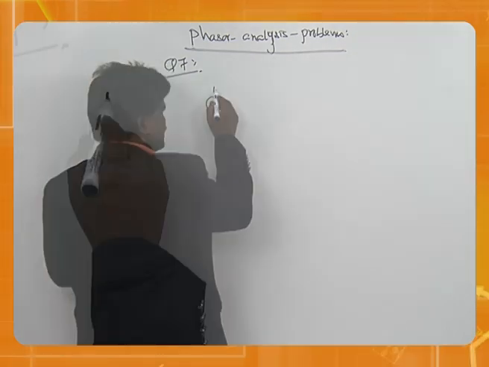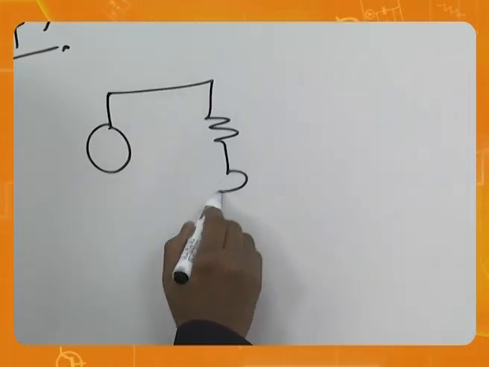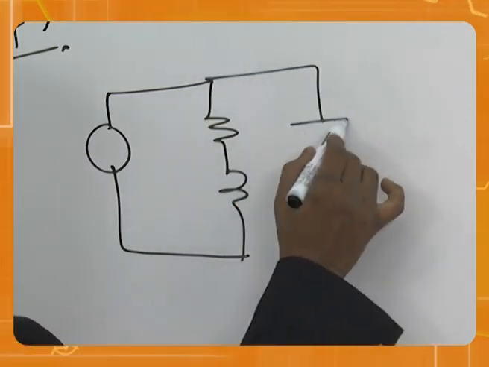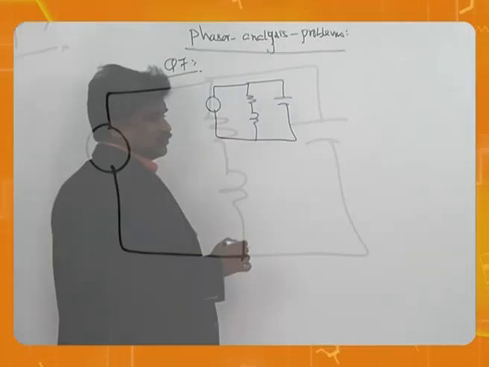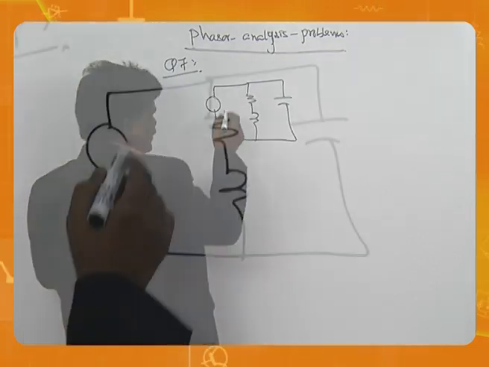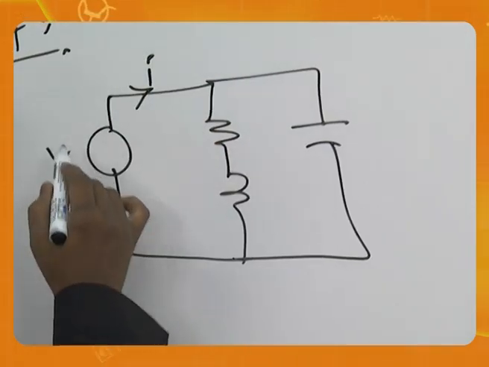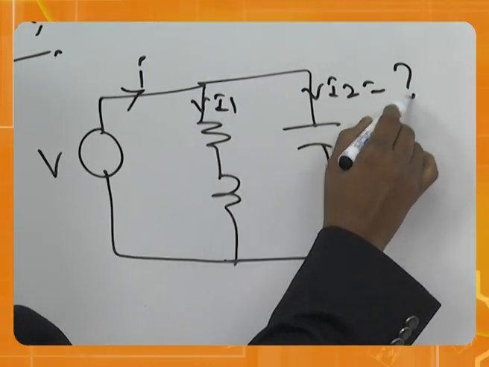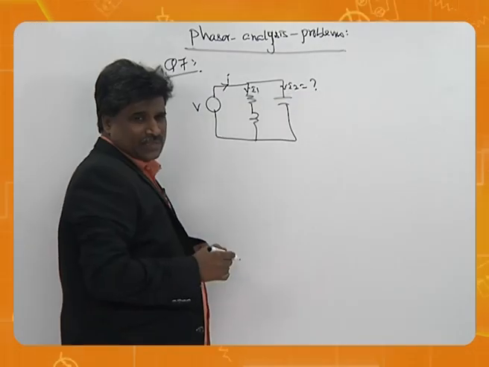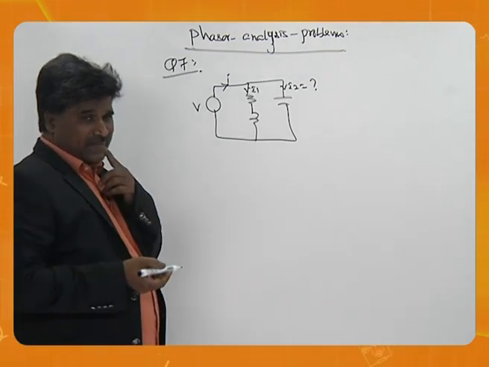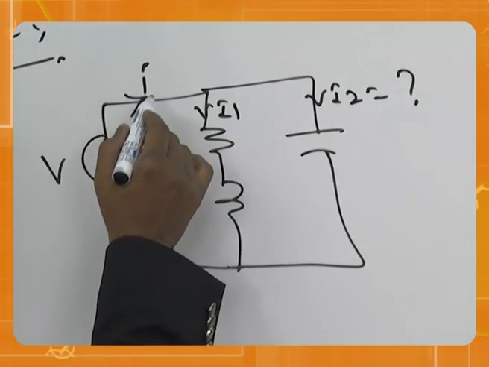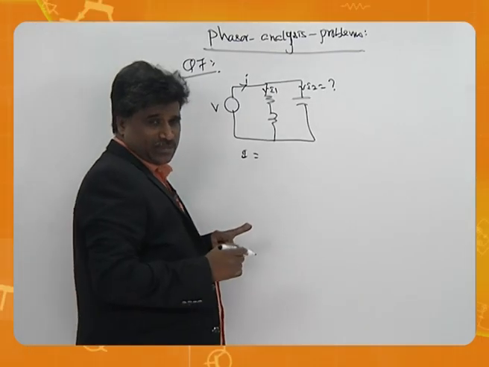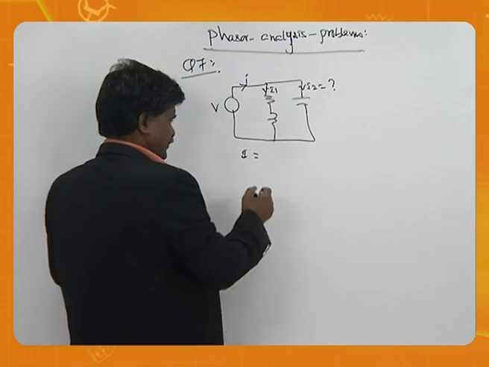What he has given is, here is the angle and then capacitor here. For example, this is I, this is V, this is I1, this is I2. He is asking for this. And the values are also directly given. For example, I is given as 2 angle 45.